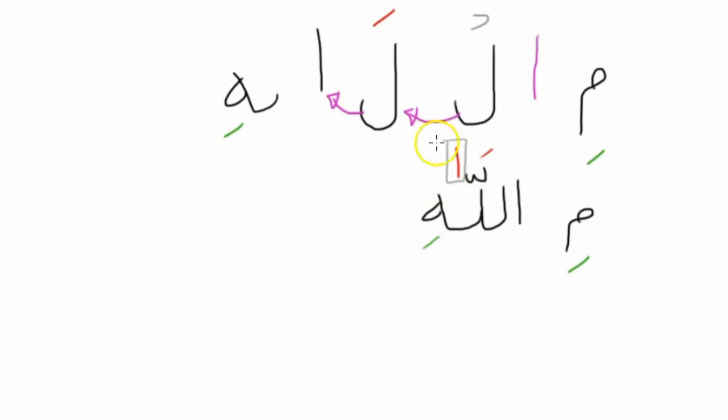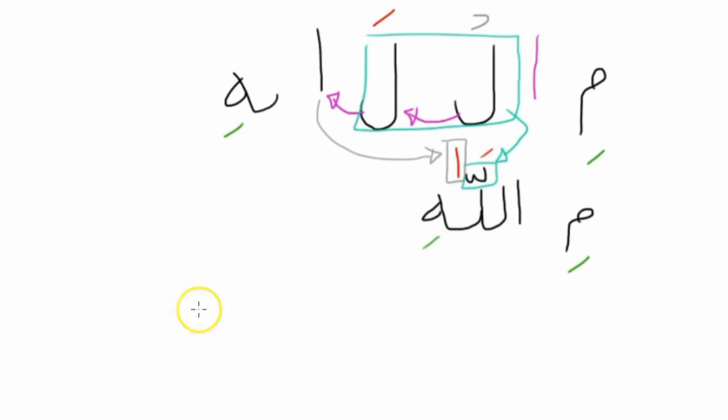Mil la hi. Notice the alif is in place of that, and this was last lesson. If you can't remember the last lesson, go over the videos again, come back to this one. Okay, so mil la hi. Two lams are represented by one lam there, and there's that shadda there.